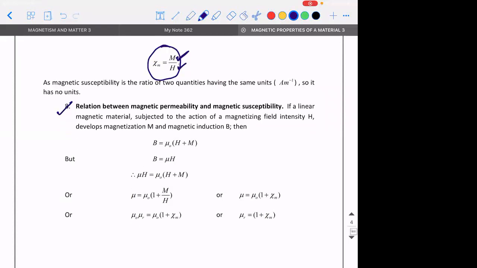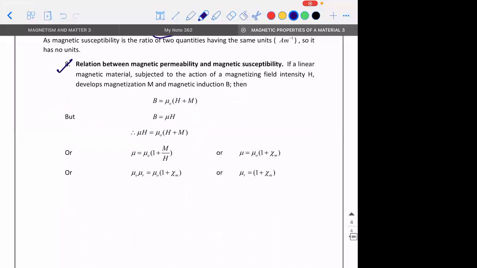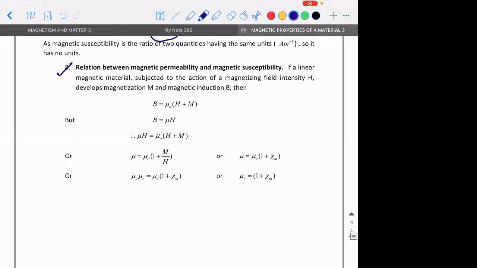Shall I proceed? Now listen, guys. If there is a linear magnetic material, what is the input that you give? The input is H and the output you get is B. What is the relation between those two? B is equal to mu into H.